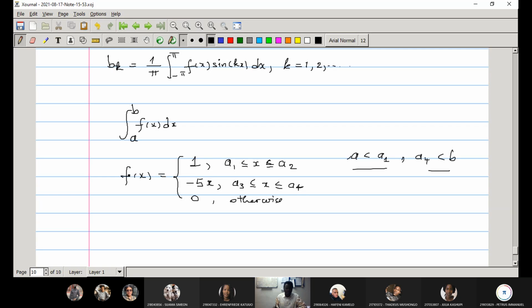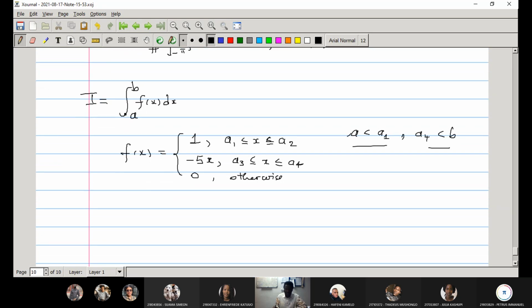Now, if I want to evaluate this integral using this expression, it is obvious that I have to split this interval, because I know Chasles rule. Chasles rule tells me that I can break this into as many subintervals as I want, provided they add up to whatever is there.